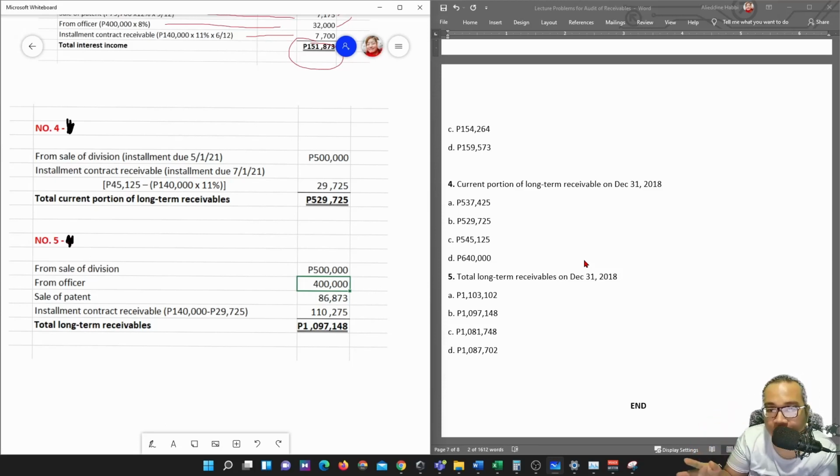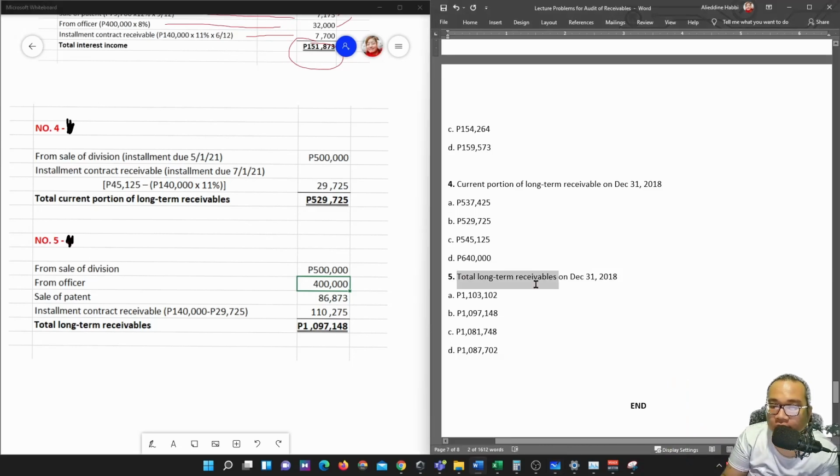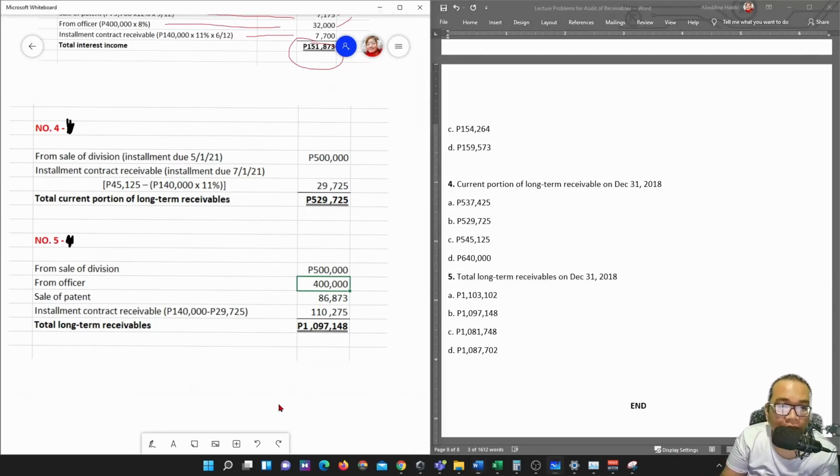Obviously, current nga, kaya short term. Ngayon, meron din sa last part, sa isang column, kung saan long term naman yun. Ibig sabihin, more than 1 year, so next period pa. Long term siya, non-current, kumbaga.